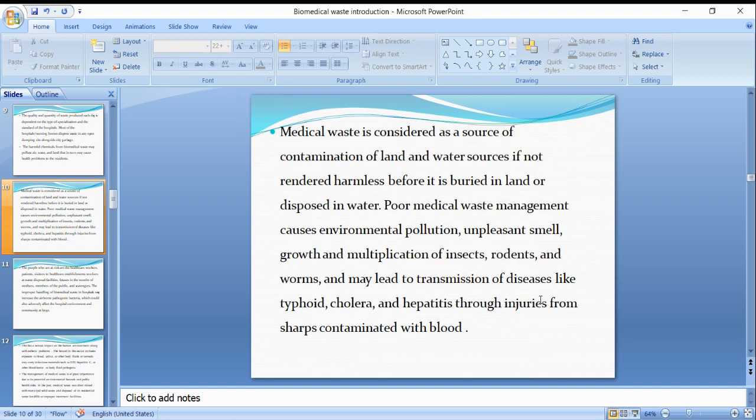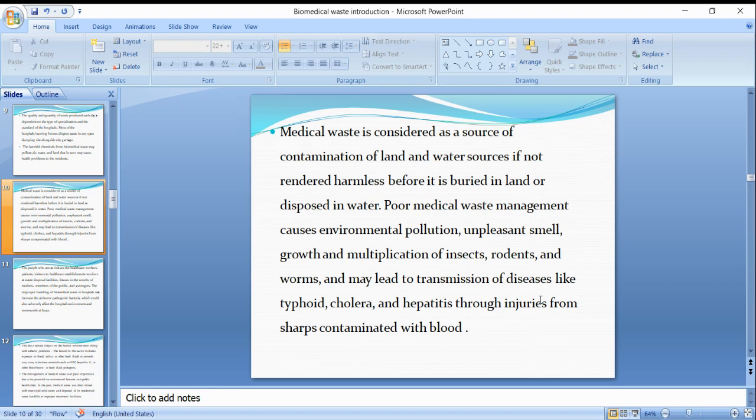Medical waste is considered a source of contamination of land and water sources if not rendered harmless before it is buried in land or disposed in water. So before disposing in water and land, it should be made harmless. If it is put in directly, it will contaminate the land and water sources.